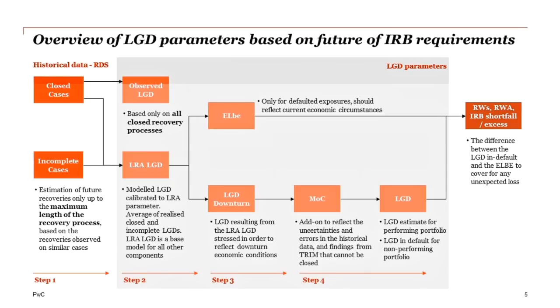The long-run average LGD is the basis for all the estimation of the various LGD components, which, as you might observe on the slide, are the LGD downturn, the margin of conservatism, which is an additional buffer for any possible estimation uncertainties, and finally the LGD estimate for the performing portfolio, as well as the LGD in case of default for the non-performing portfolio.